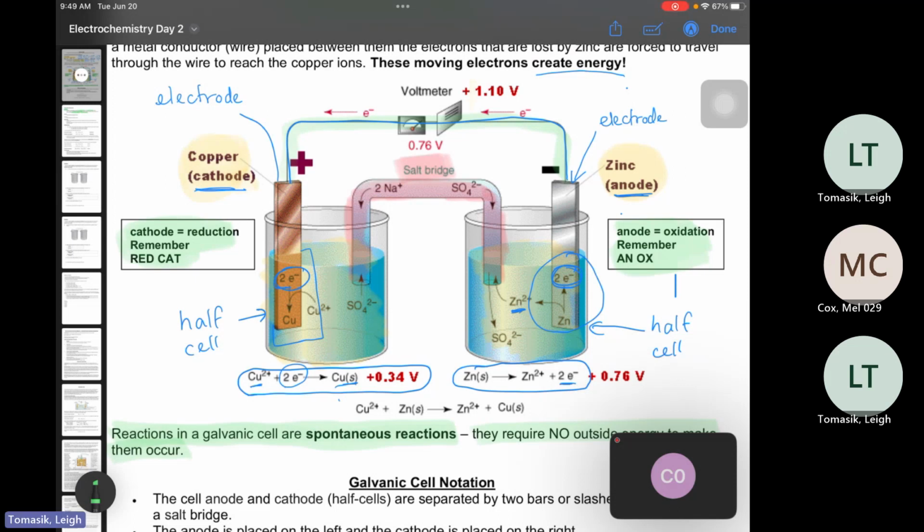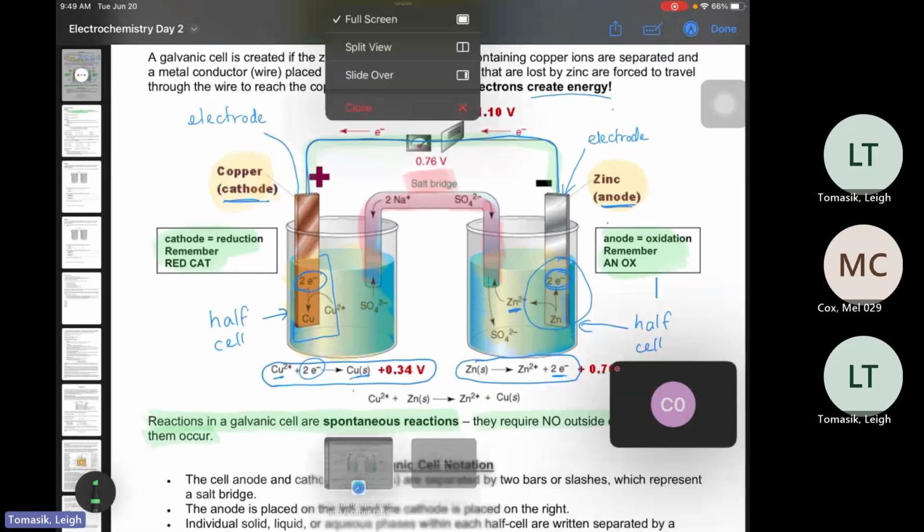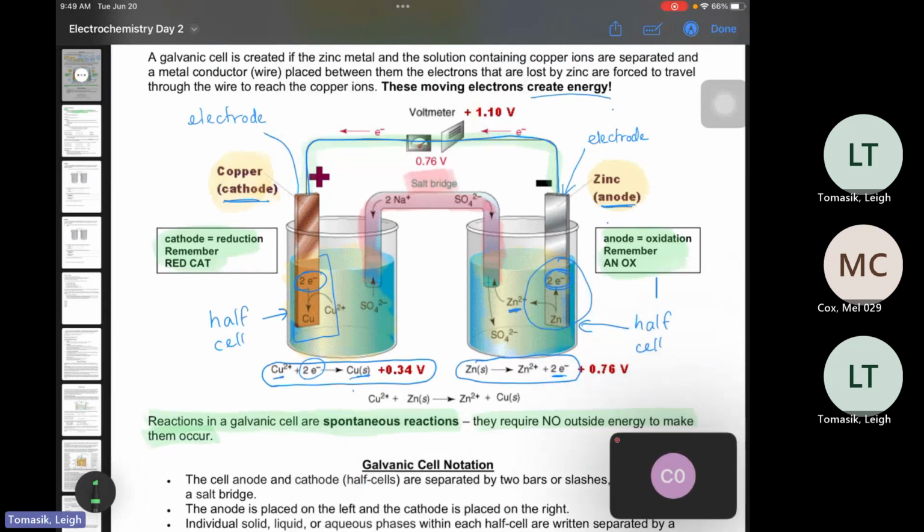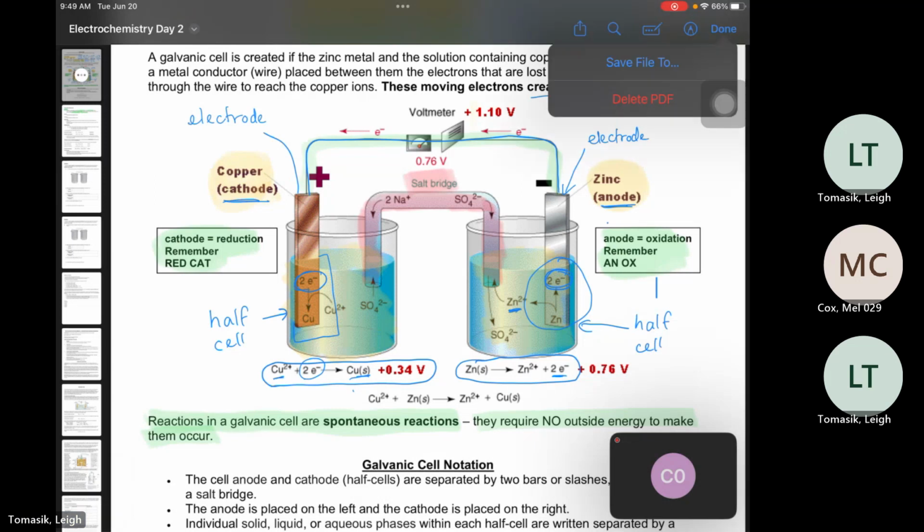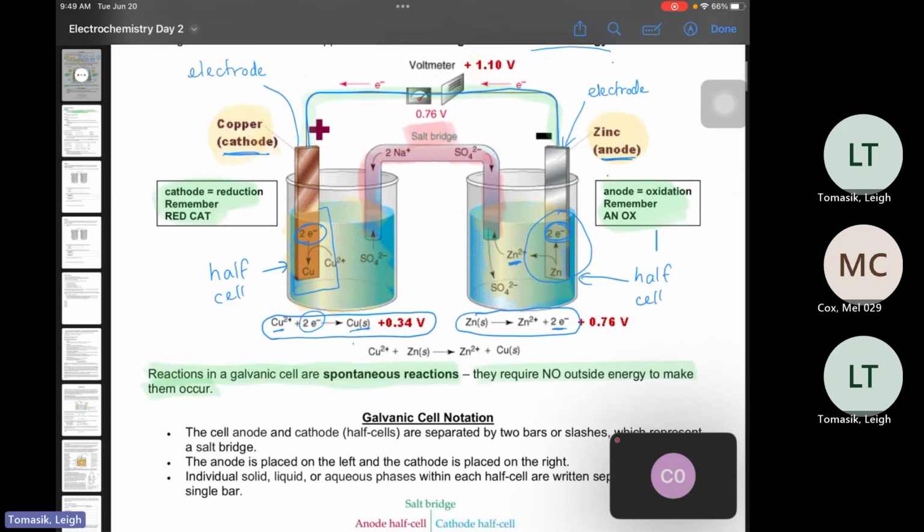Right? So there are two electrodes, and you can figure out before you run the battery which one is going to be oxidized and which one's going to be reduced. And that goes back a little bit to our predicting redox reactions lesson. So if you remember, we had those reduction potentials, right?